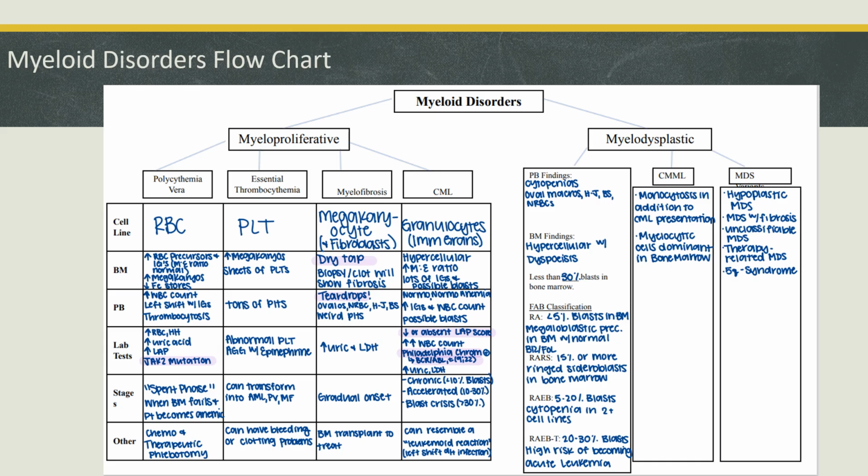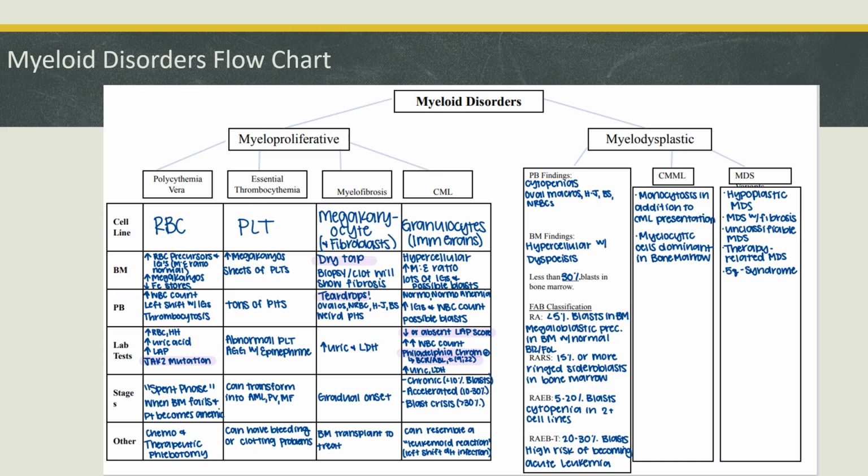All right, the other side of the flowchart is going to be specific to myelodysplastic. Ultimately, myelodysplastic syndrome is also hypercellular, but with an increased apoptosis. The reason for this is that something happens during development that goes awry.